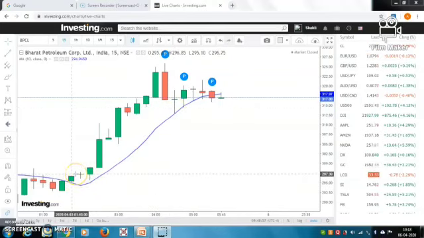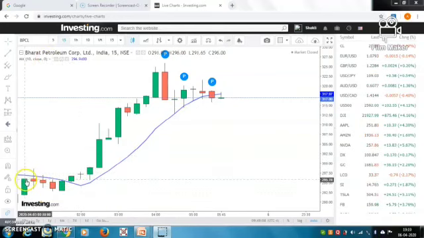The trick is you need to buy whenever a candle is formed above the moving average. This is BPCL, and this is the very first candle on 3rd of April. Six candles have formed above this moving average, and you need to buy here.